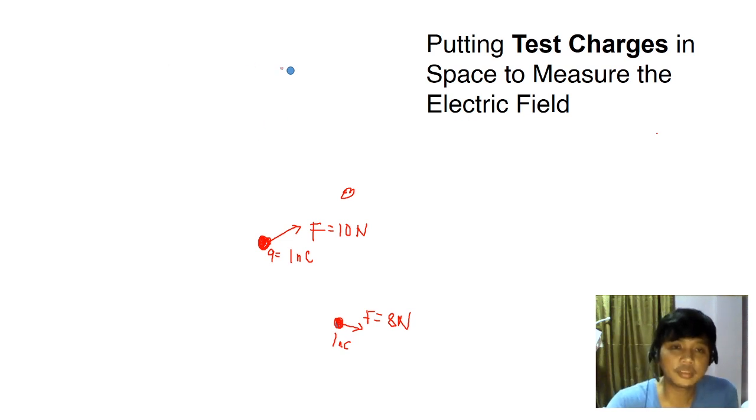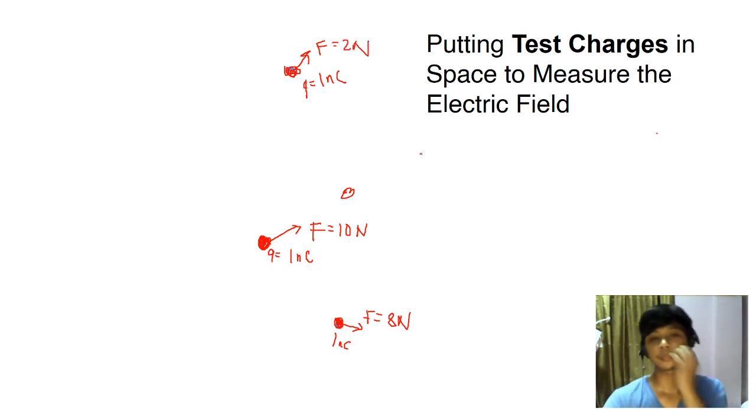How about we put a test charge here? It's a really weak force. It's the same Q, 1 nanocoulomb, but the force is pointing in a different direction, and the force is a lot weaker, 2 newtons.